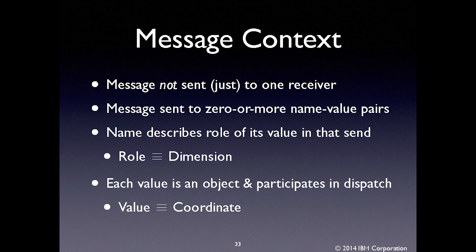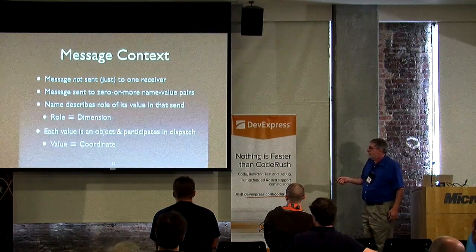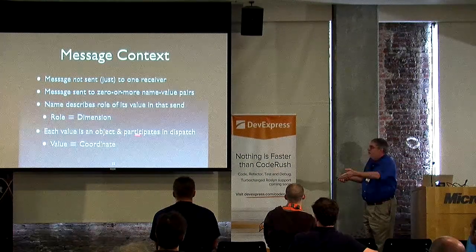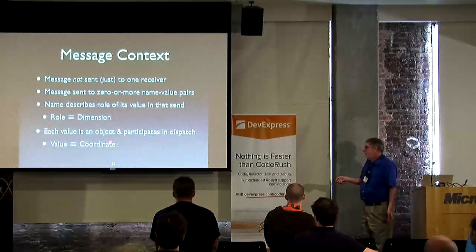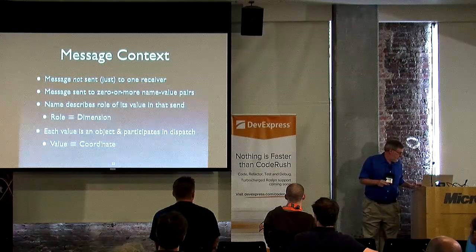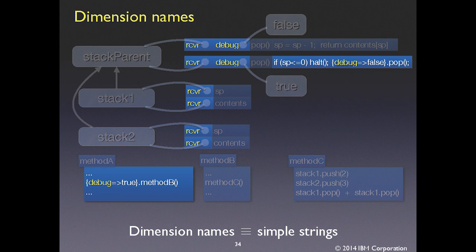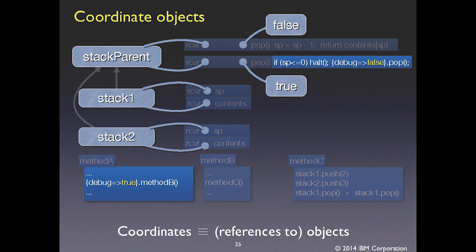It was sent to a bunch of these things with a name and a value. The name describes the role. I also like to call it the dimension. The value is just a reference to one of these identity things. We call that coordinates a lot of times. And all of those participate in the dispatch. So again, just to be clear, there are the names, debug, receiver. There are the coordinates. That's the things that those things are linked to.